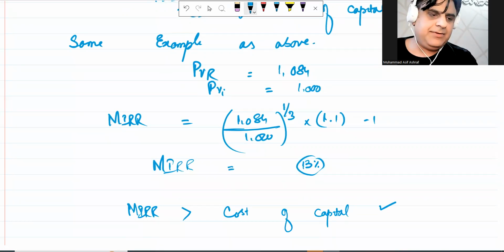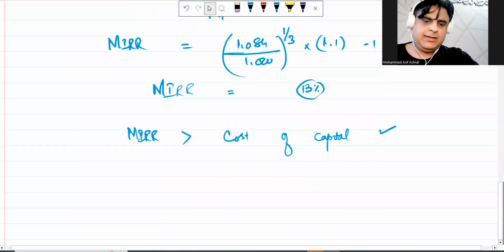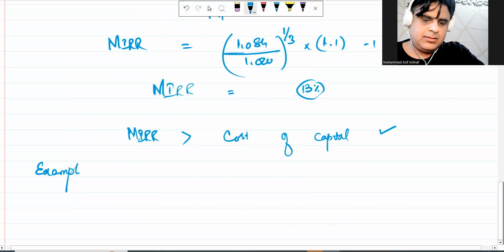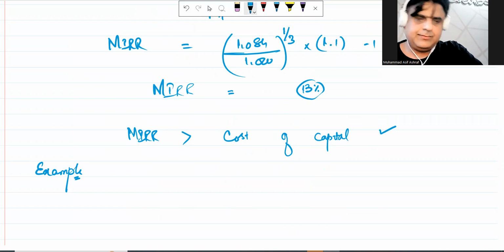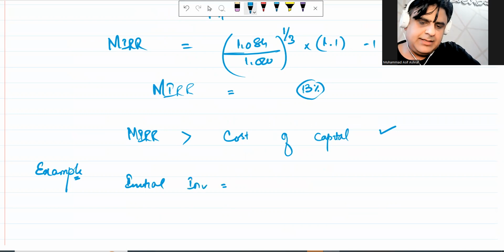Another example. Let's say the initial investment is 20,000, and we have a return phase from year 1 to 4.